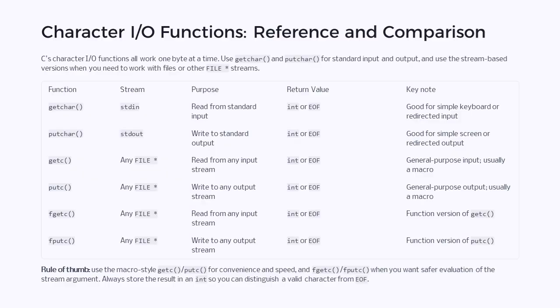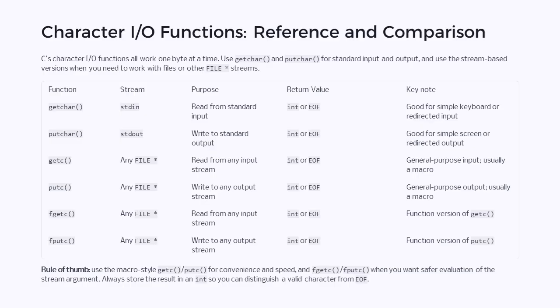Third function, getc. Stream is any file. Purpose: read from any input stream. Return value is int or EOF. Key note: general-purpose input, usually a macro. Fourth one, putc.